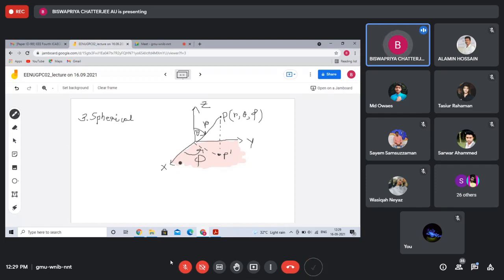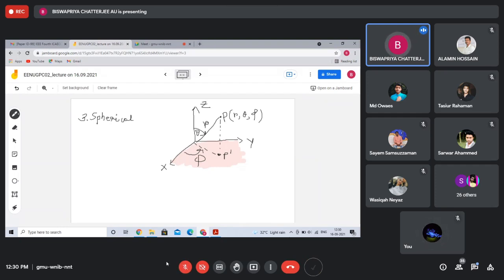So this is the definition of r, theta, phi. R is the distance of the line joining the origin and the point itself. Theta is the angle between r and the positive z axis, and phi is the same as in the cylindrical system. Is there any problem?